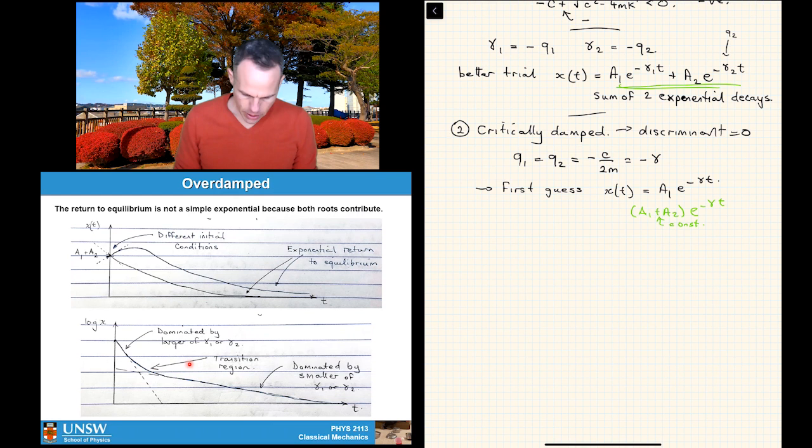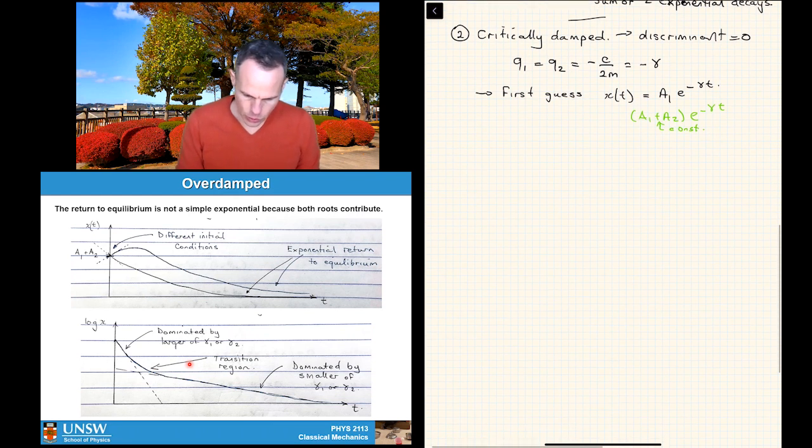So we need to go back to our original equation of motion to do this properly. And what we're going to do here is rewrite it knowing that c squared on 4m equals k.